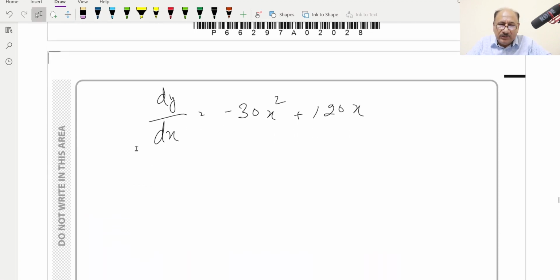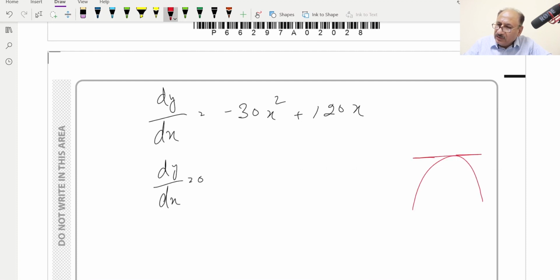Now to get the maximum answer, we will be putting dy over dx equal to 0. Why are we putting it equal to 0? Because at the maximum point the gradient is 0, and the gradient is what? Gradient is dy over dx.